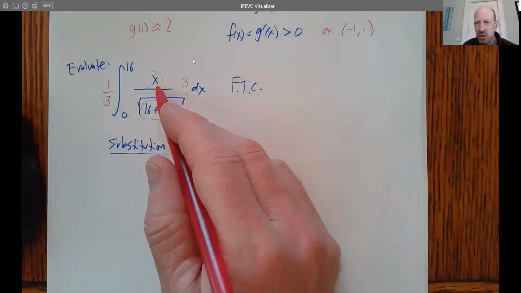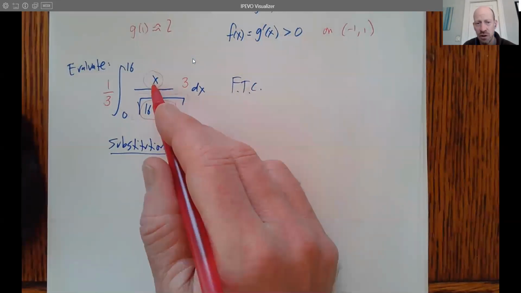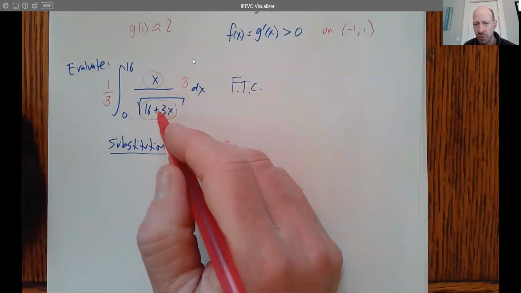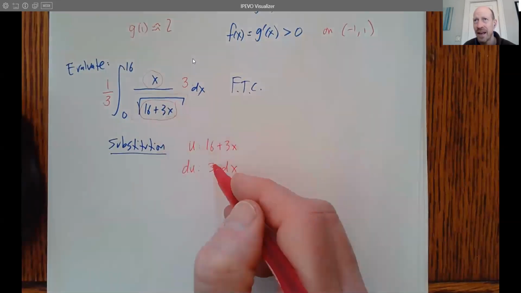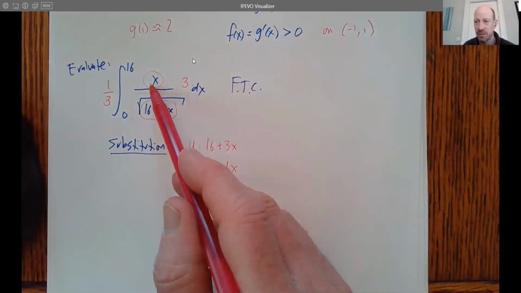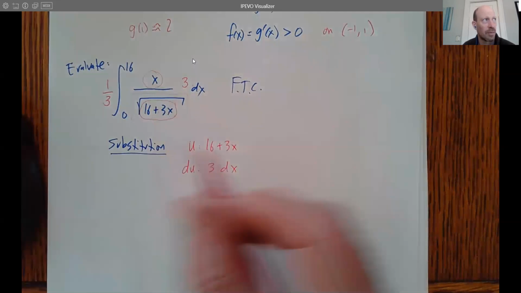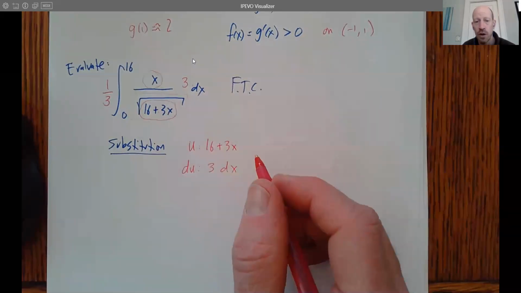I can't just eliminate or ignore that x. When I make the substitution, all the x's have to go to u's, and I can't have any x's left over, right? That doesn't work. It has to all flip over to make that substitution happen.